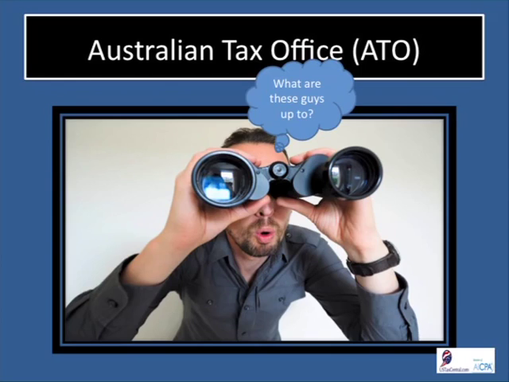So with whatever we do, we still have to pay attention that we've got two tax systems that we're going to be dealing with. We're going to be dealing with the US tax system. Then we are also going to be dealing with the Australian tax system. And obviously for people in New Zealand, that's the New Zealand tax system.